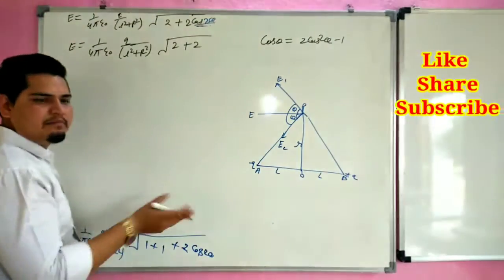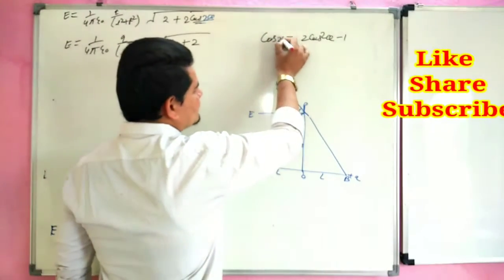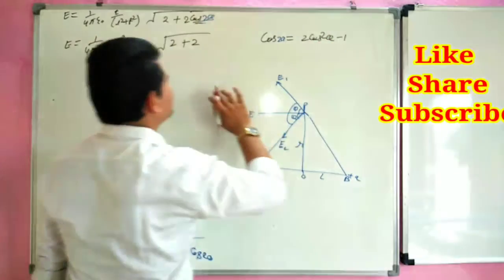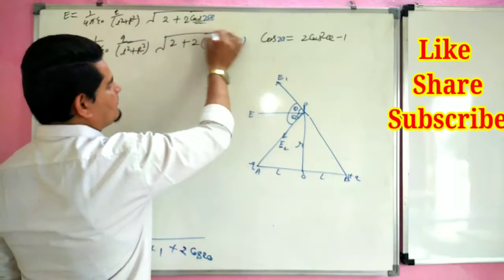You can correct it in the previous equation. So cos 2 theta equal to 2 cos square theta minus 1, and we can write that here.